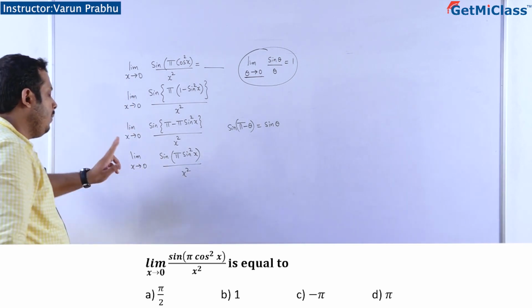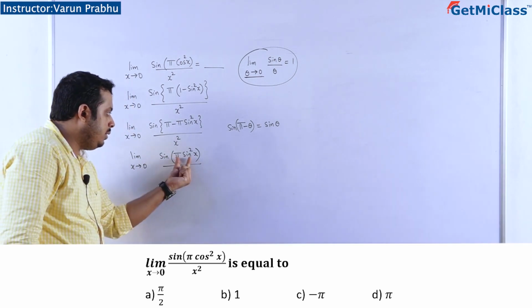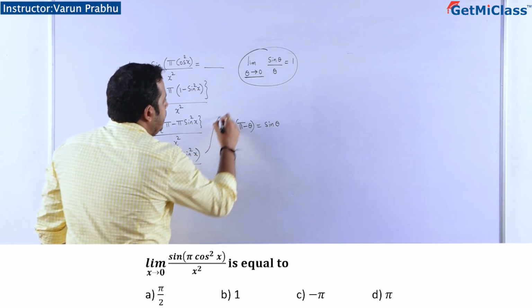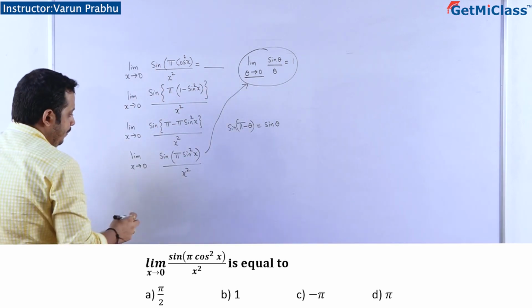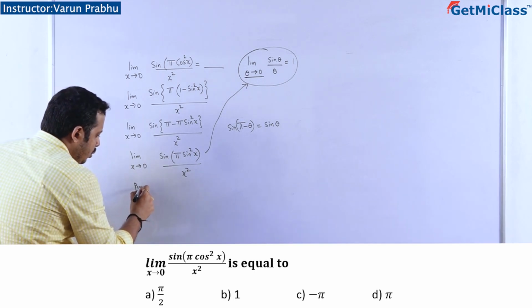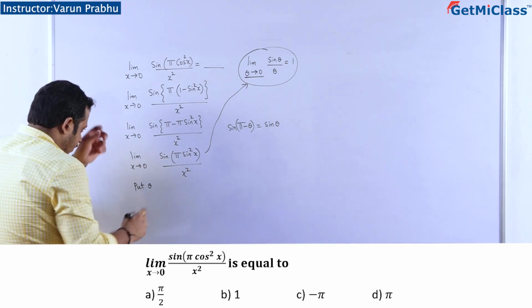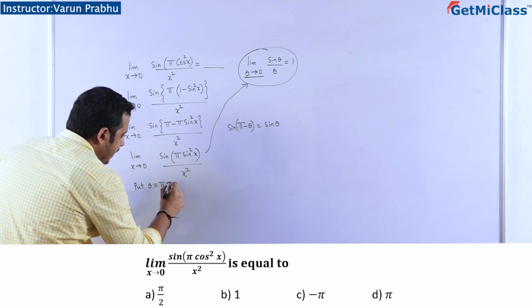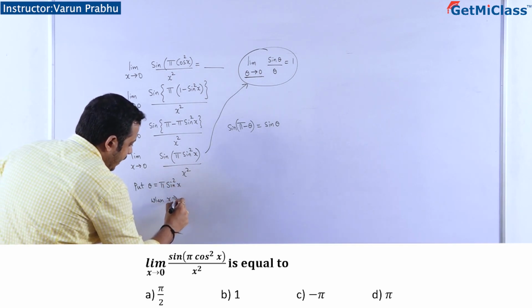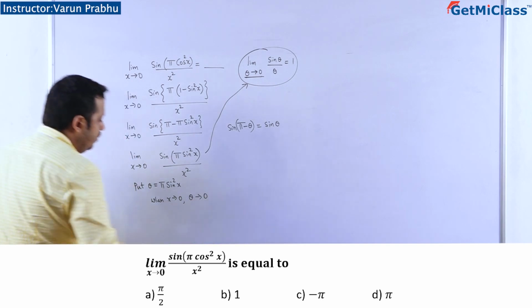Now look here, when x tends to 0, this quantity also tends to 0, right? This quantity. Now this part is applicable, correct or not? So what I'll do, put theta is equal to pi sine squared x. When x tends to 0, theta also will tend to 0.